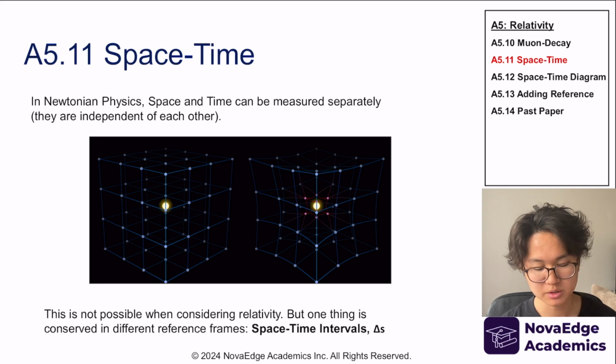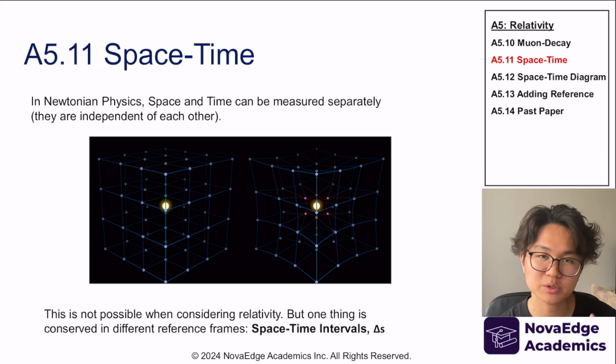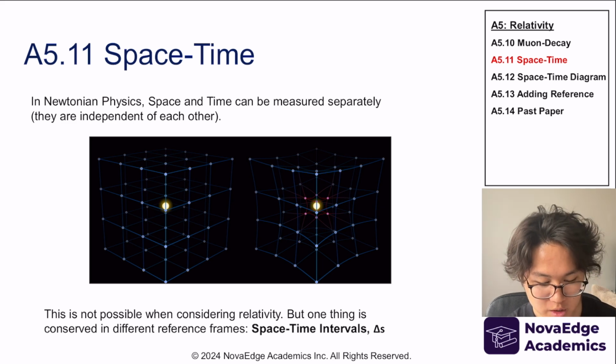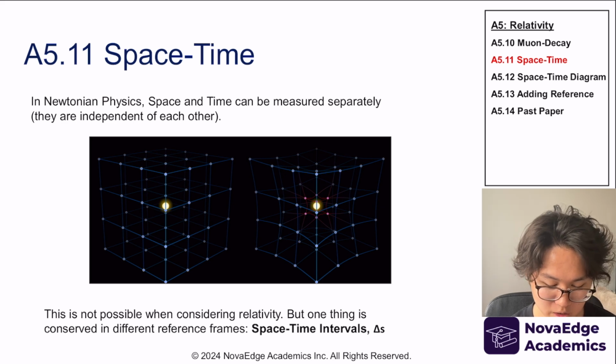So x prime is a function of both position and time, and t prime is a function of both position and time as well. They're intertwining and mingling with each other, so we can't really measure them separately anymore.